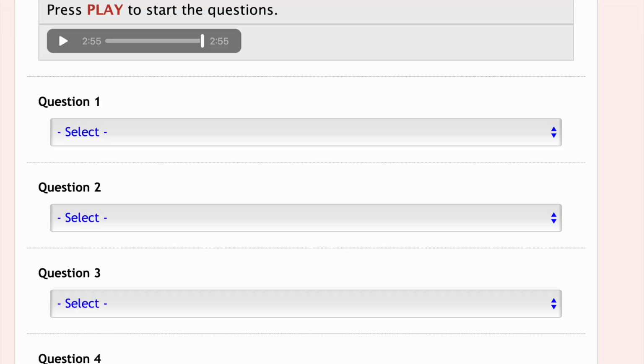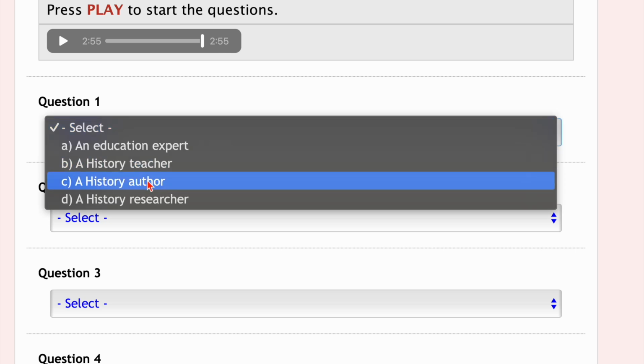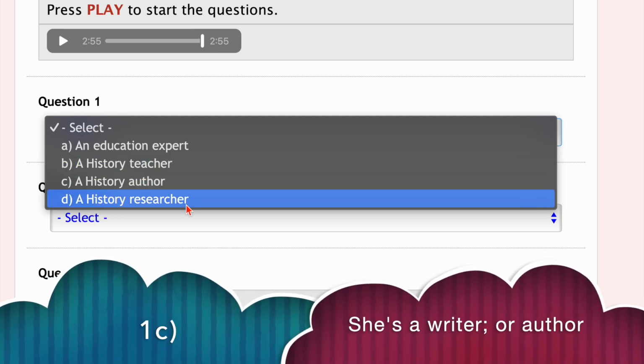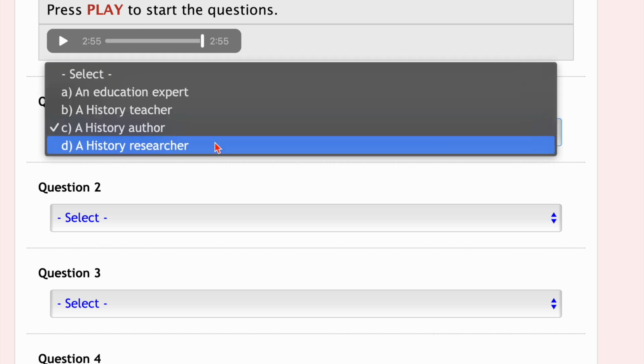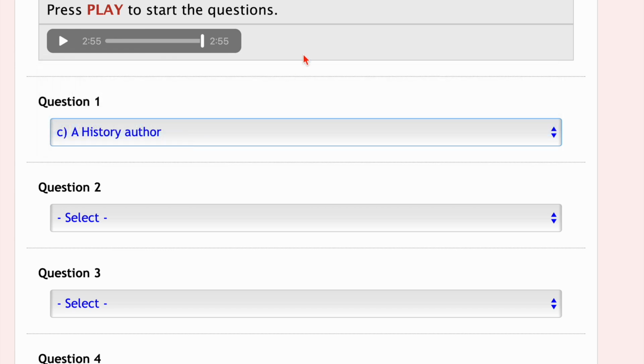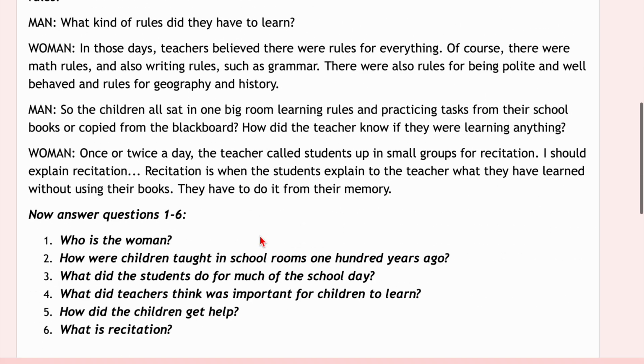Okay. So then we can see from that that she would be an author because she's a writer. Okay. Not teacher, researcher. And the man is researching. Sorry, I wanted to mention that. What about number 2?